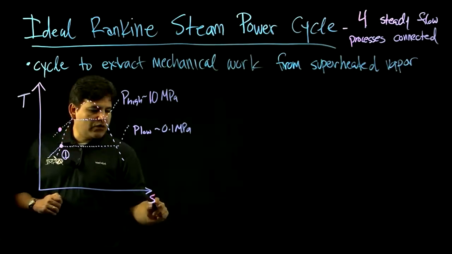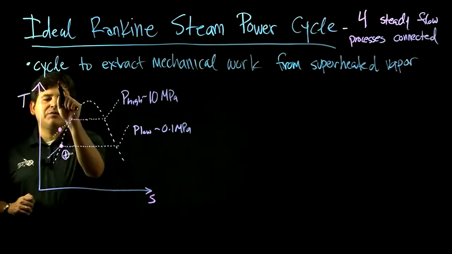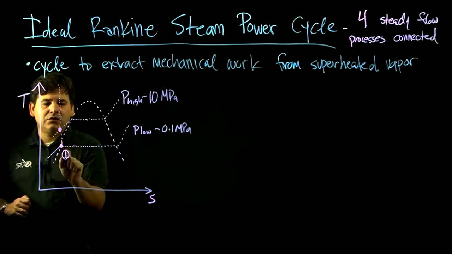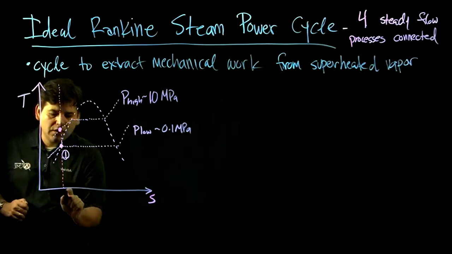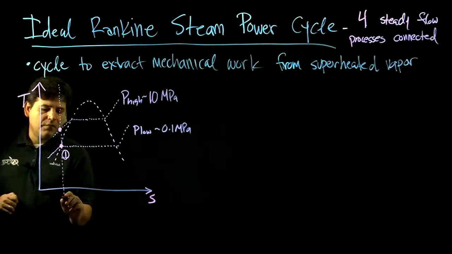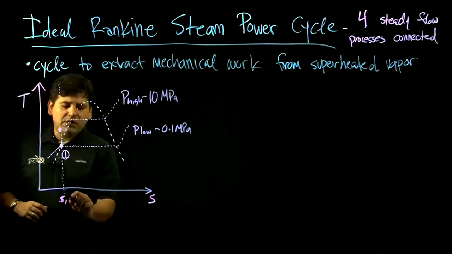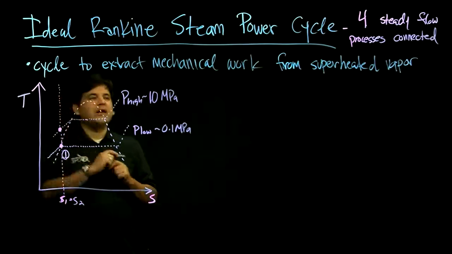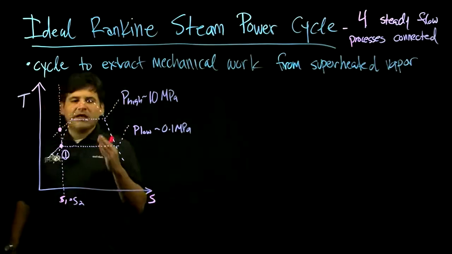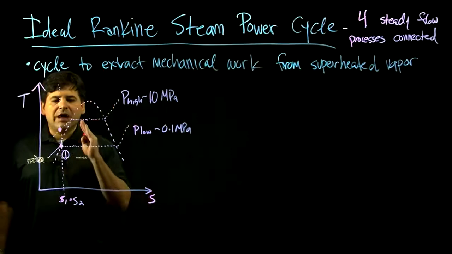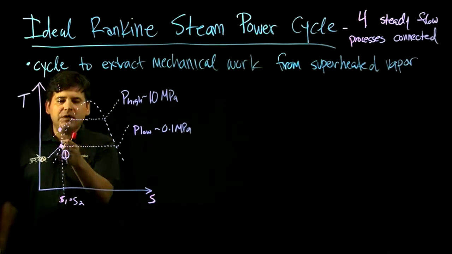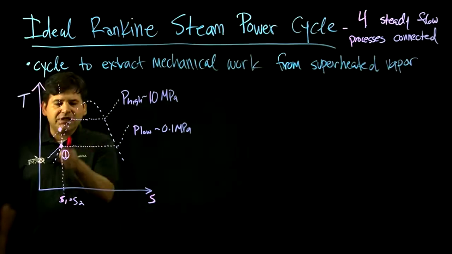One good reason to have this on the entropy diagram is to remind us that in the ideal case, let's call this, S1 equals S2. In the ideal Rankine cycle, the mechanical portions are isentropic, meaning that it has this vertical process from a different state, but the entropy stays the same.